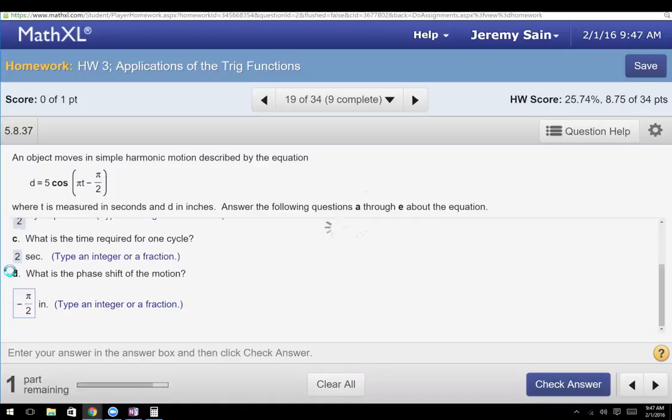That's taking a long time. But anyway, to get the phase shift, it's just that extra angle there. If you remember back from your algebra class, if I put a minus pi over 2 in there, all it's going to do is move the whole graph left or right.